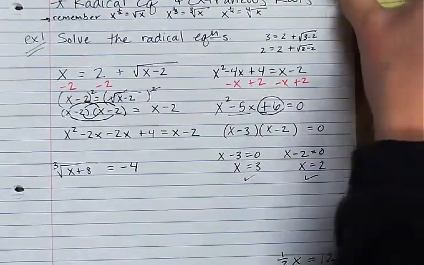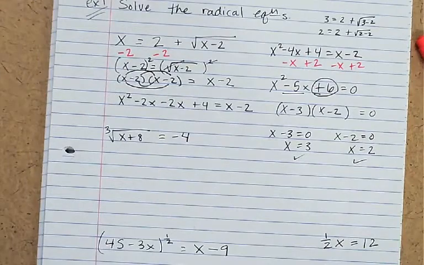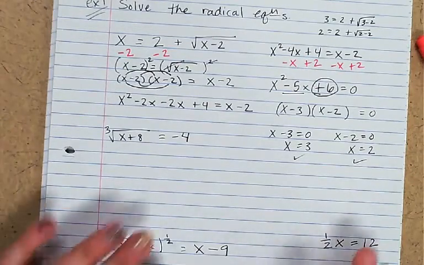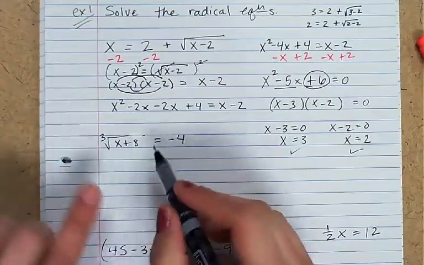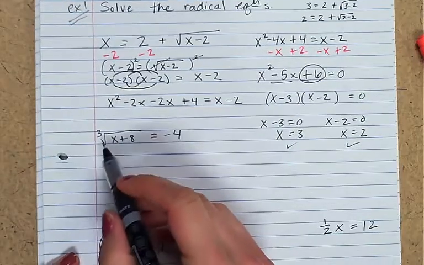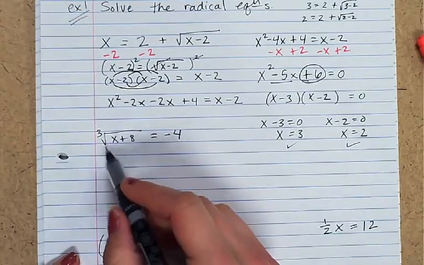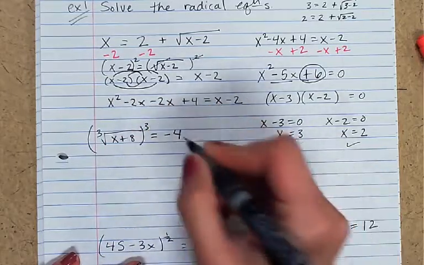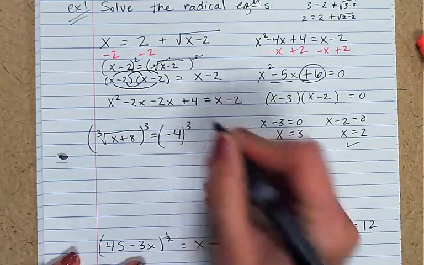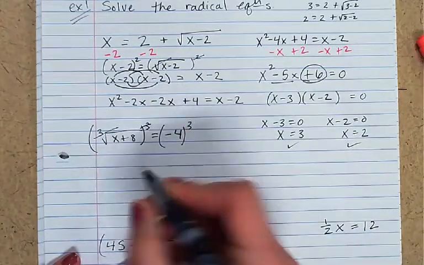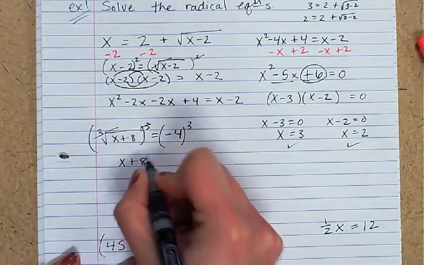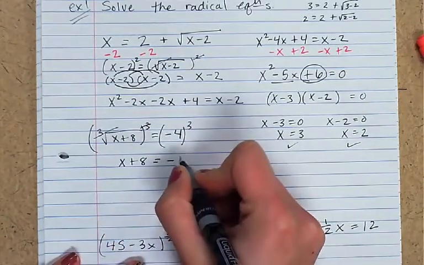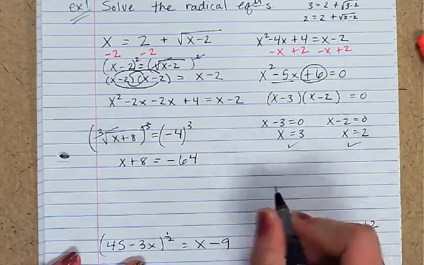Okay, the next one. The cube root of x plus 8 equals negative 4. We don't have anything on the outside of our radical, so we need to undo it. To undo cube root, you cube both sides. Those cancel, and we get x plus 8 equals negative 64.